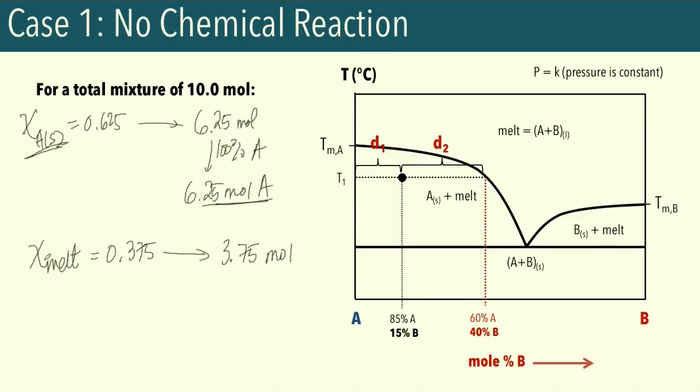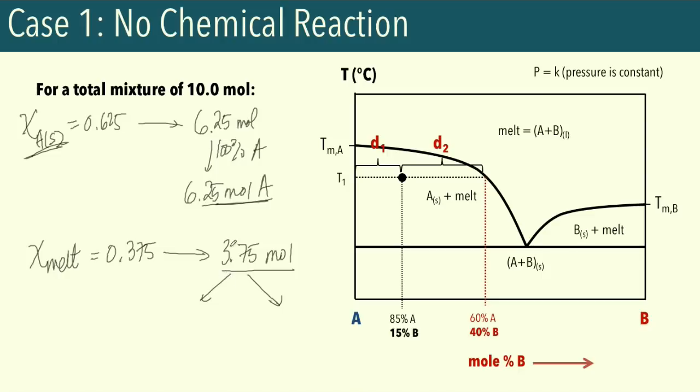If we're dealing with a melt, however, we know that we have a composition of both A and B in the melt at this particular temperature. We know that we have 3.75 moles of our solution in the melt, and this is distributed between A and B.